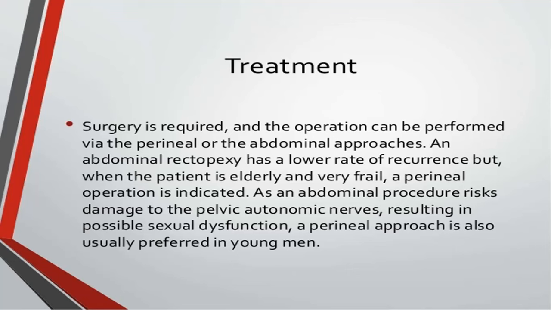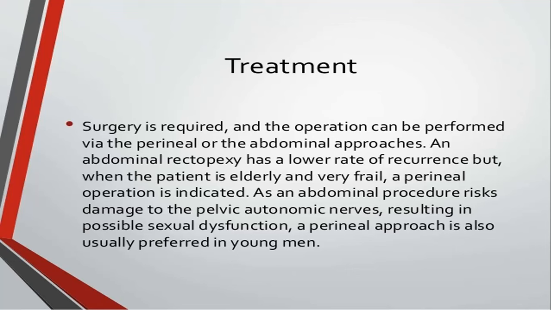So you can go through the perineal area, which can be done under spinal anesthesia. That's why the perineal operation is indicated for those who cannot tolerate general anesthesia, such as the elderly and very frail.